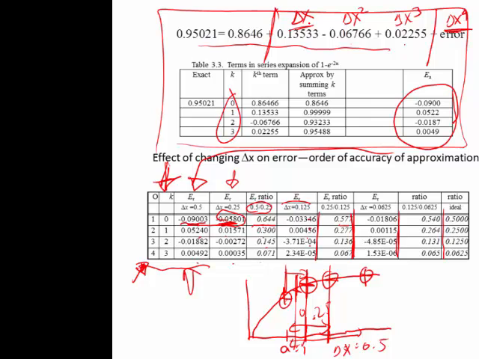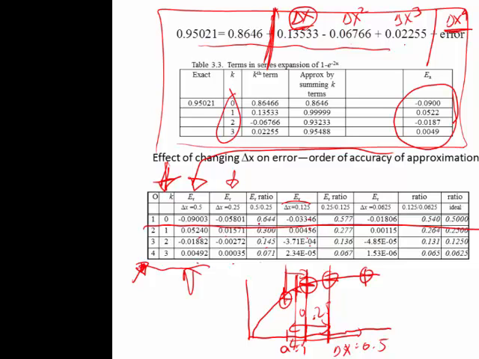Okay? So what that means is that if I take a look at this first line, that's just using this first term where I say that the error is proportional to delta x to the first power. So if the error is proportional to delta x, then if I cut delta x by half, I should cut the error by half.